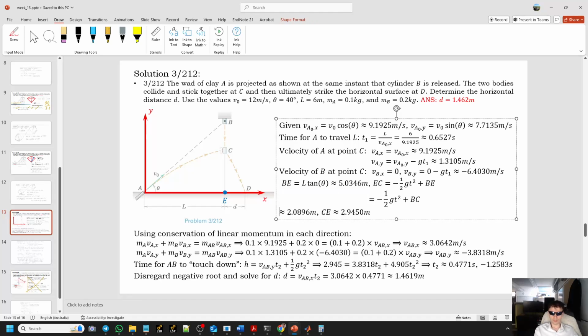So this part here will be 0. Then we say that BC is equal to this term, okay? So we have the time, we have the g, we will find the BC.